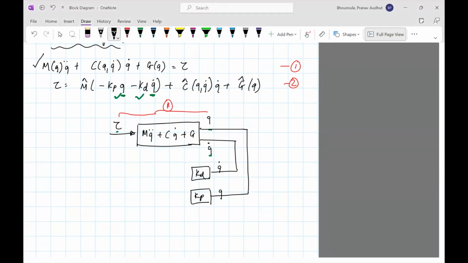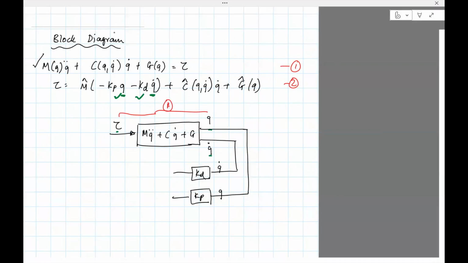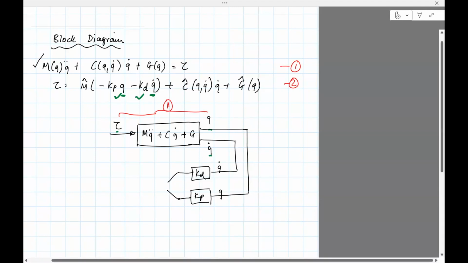We still need to take this, and then remember we need to sum them up somehow with the negative sign. So I'll get a block which sums.